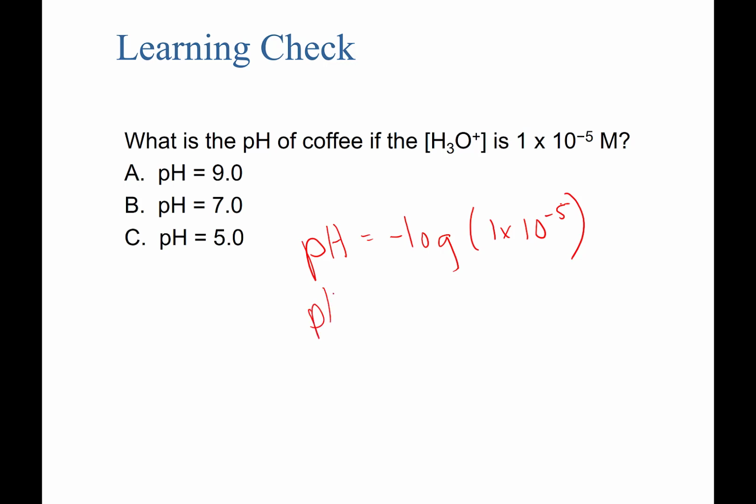My calculator tells me that my pH is 5. This has 1 number, so I get 1 decimal place. So my pH would be 5.0.